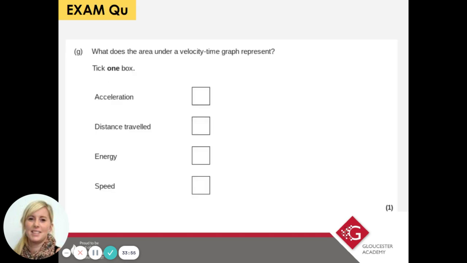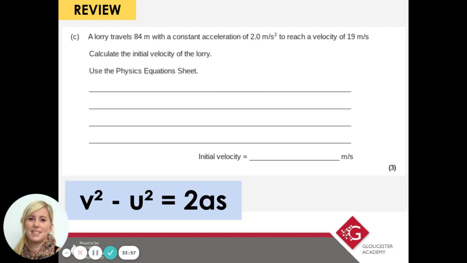Okay, so let's check the answer. For this one, we are working out the initial velocity. So we're working out u, which means that we're going to have to move v squared over to the other side. So let's work this out. A lorry travels 84 meters.